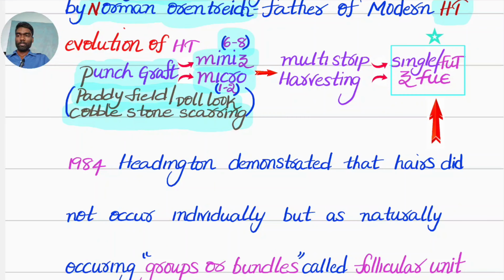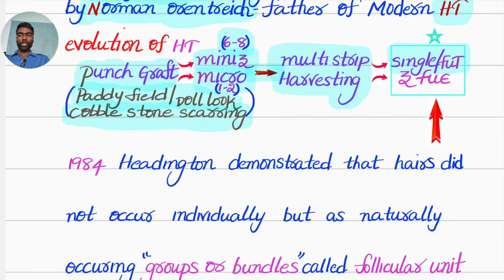Later, the concept of follicular unit came and then it evolved into the multi-strip harvesting method. Still, in the multi-strip harvesting method, multiple linear scars were created, so to reduce that, a procedure inducing only a single thin scar, single strip harvesting, also known as follicular unit transplantation, came.